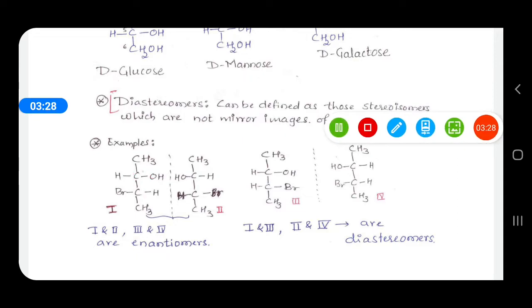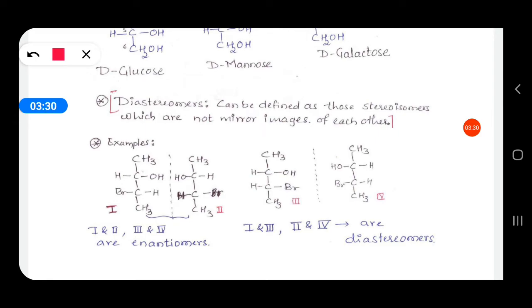This is the first chiral carbon and this is the second chiral carbon. So 2 raised to 2 is equal to 4. So for this compound 4 isomers are possible.